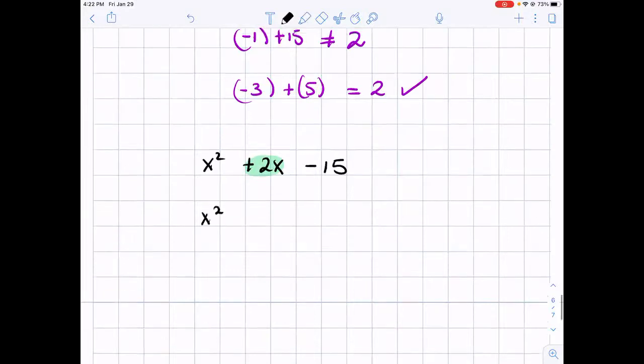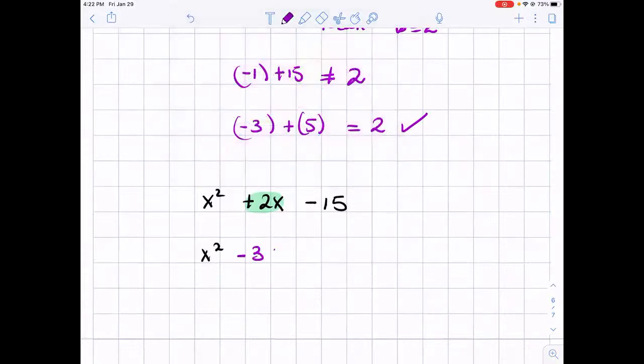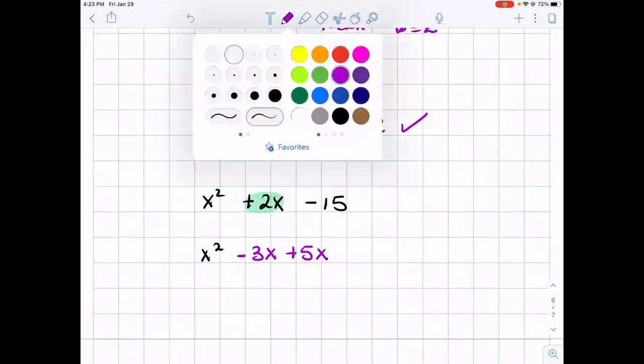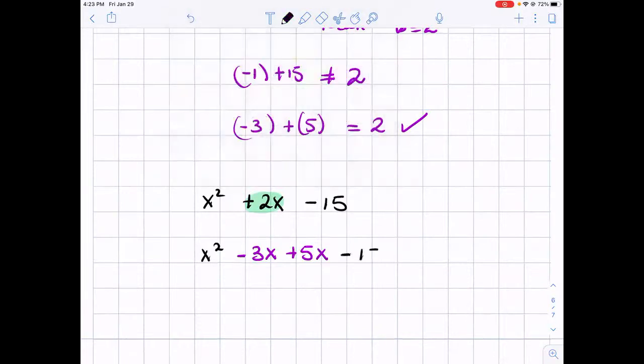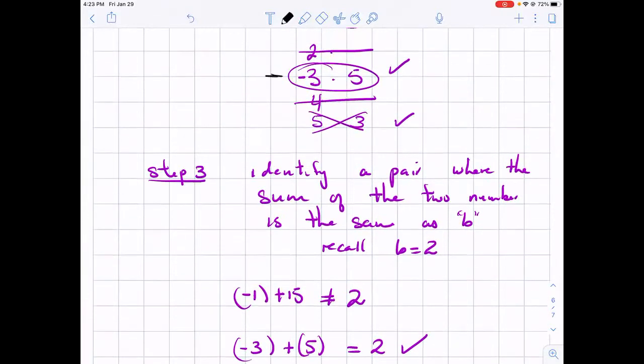So x squared minus 3x plus 5x minus 15. These were the two numbers you obtained over here. Those are where you get the two numbers from.